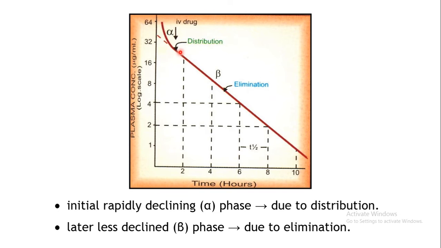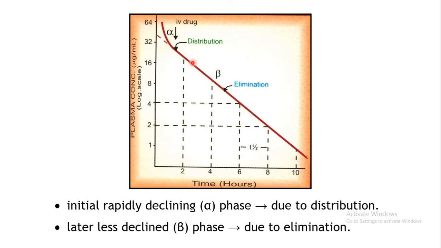So that's how there is initially a sharp decline in concentration. Why is there a sharp decline? That's because of the distribution. Rapidly the drug will get distributed to other tissues. Okay, so if you consider this line, it has two slopes, right? The first one is denoted by alpha over here. That's because of the initial rapid declining phase, which is due to the distribution.